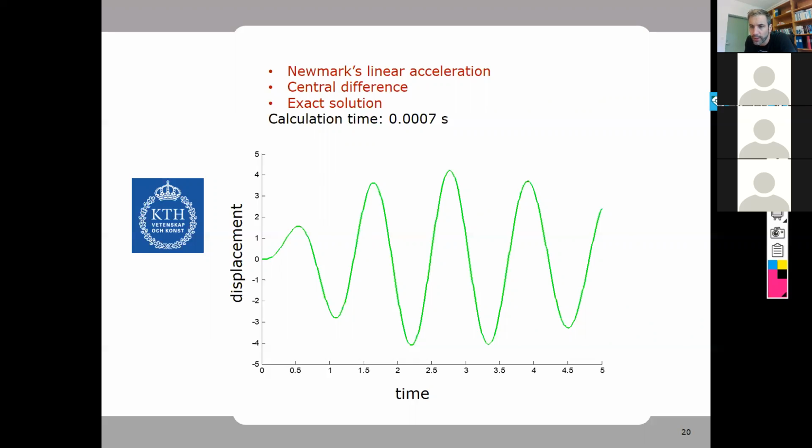If you were to do it by hand, then you should be more careful, because choosing a larger delta t will save you a lot of time. But in a computer, it doesn't make any sense.